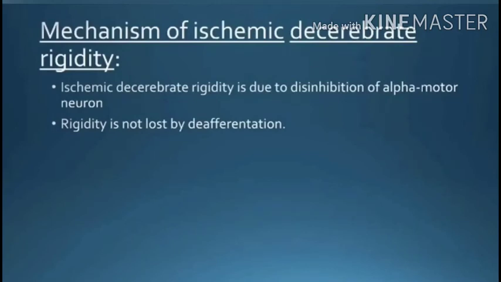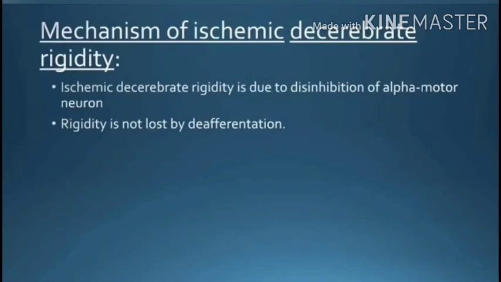Now, in this preparation, the blood supply to a portion of the cerebellum is lost. So what will happen? The lateral vestibular nucleus is out of the inhibitory control of the cerebellum. So it will send more and more discharges influencing the activity of alpha motor neurons.